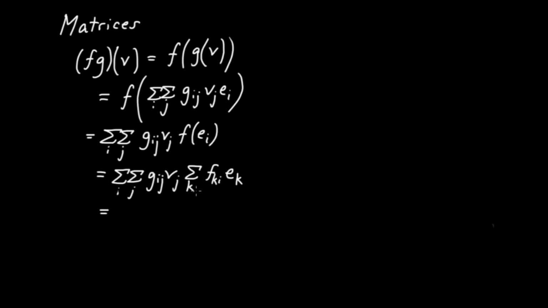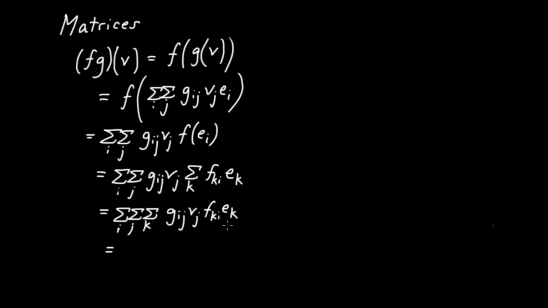Now this is a sum over k. These two factors have nothing to do with k, so they may be brought back in. So we have a triple sum over i, sum over j, sum over k of g_ij times v sub j f_ki e sub k.